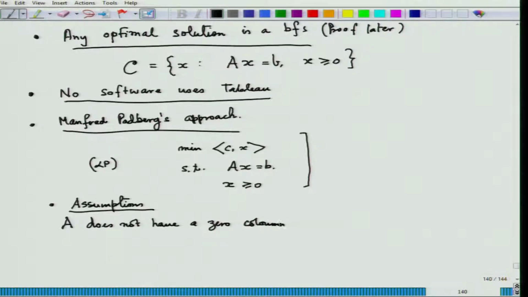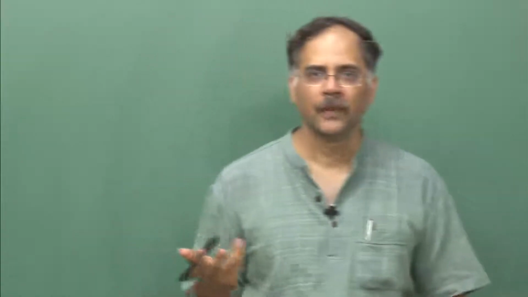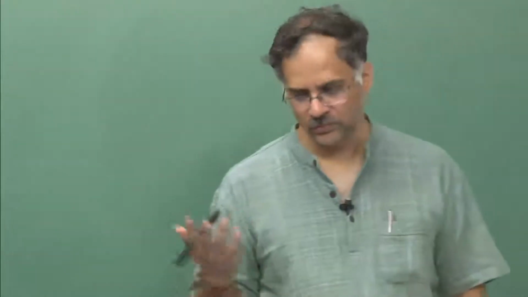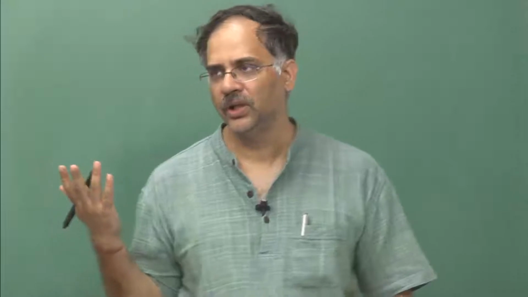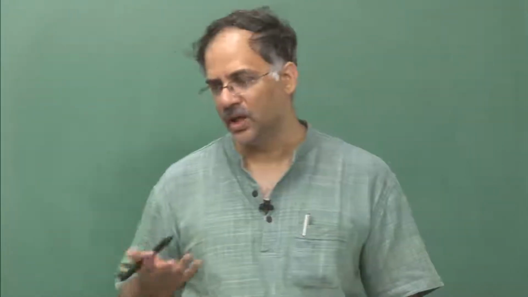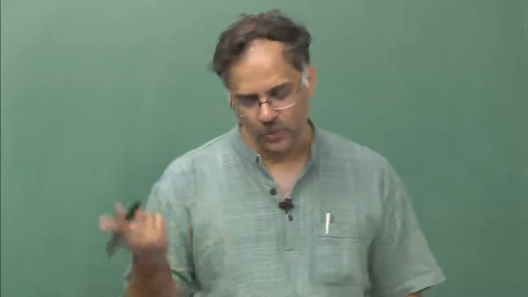So you see, if it has a 0 column, there is basically one particular variable that does not come into the feasible set. So, that variable can take any value that you can give. You can fix the other variables which are actually appearing and then put whatever value you want for that variable.